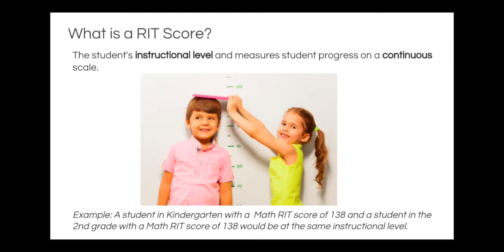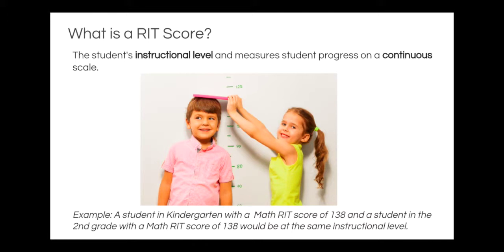The RIT score, or Rasch unit, is a score given to students in both mathematics and reading. The RIT score provides the student's instructional level and measures the student's progress on a continuous scale. An easy way to understand this is measuring your child's height as they grow.